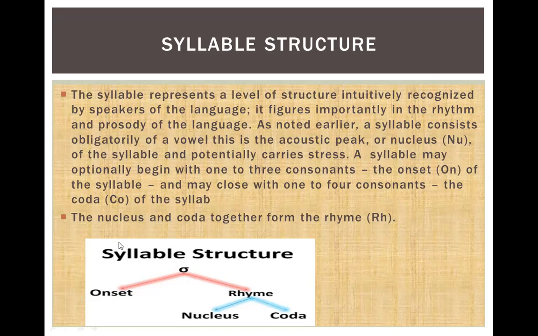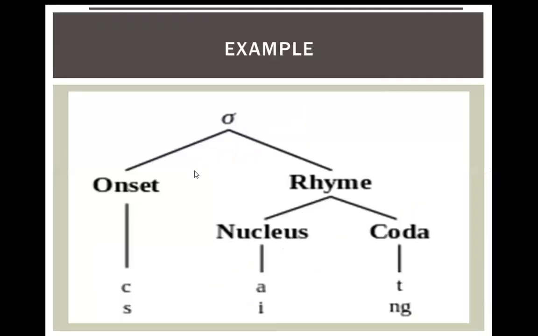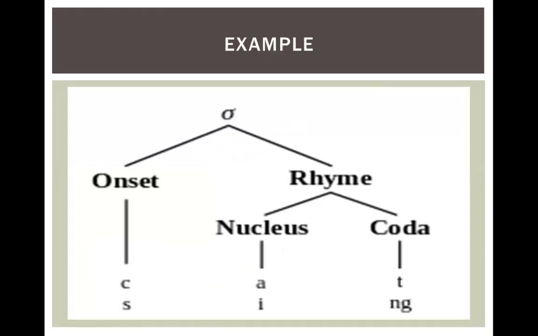And here's a picture to understand more clearly. And here is a basic and simple example for you. For example, if we elaborate cat, the first consonant is the onset, and the vowel A is the nucleus, and T is a consonant, and so is the coda.